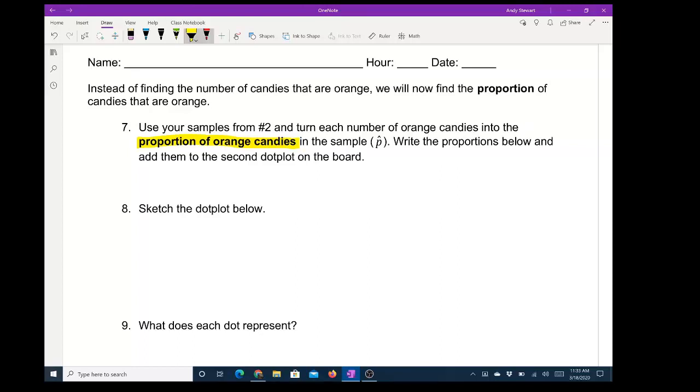So if I take my first sample, which you remember was 16, it was 16 out of 50. So that's how I knew it was 0.32. So here's a really weird idea.